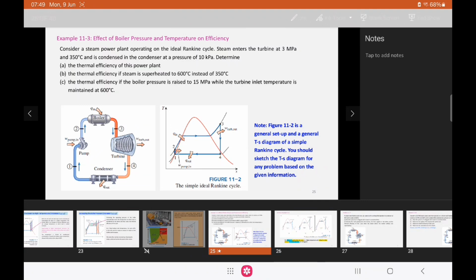And for part C, we want to check what will happen to the thermal efficiency when we increase the pressure of the boiler to 15 megapascal. As you can see, for part C, basically we are doing two things. We are actually increasing the temperature of the steam that comes into the turbine, and we also increase the boiler pressure to 15 megapascal.